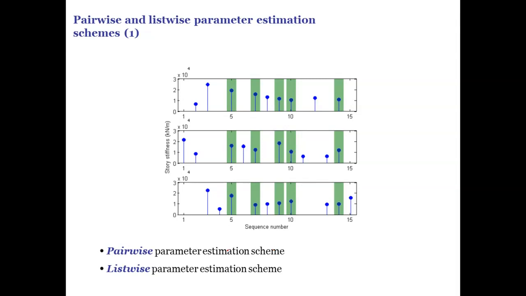An alternative way is the so-called list-wise parameter estimation scheme. That is, we just pick, for example, the 5th observation at each floor level, those highlighted in green. We only use those data shaded in green to proceed with the subsequent structural damage prognosis.